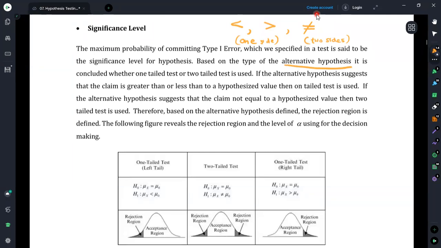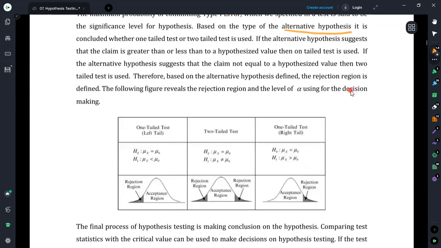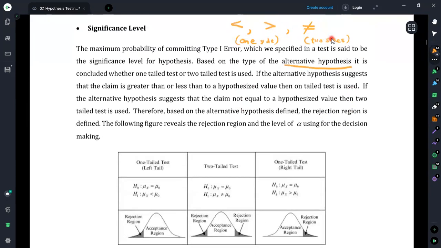Therefore, according to the sign that we can see in the alternative hypothesis, we are performing a one-sided test or a two-sided test. And according to these one-sided and two-sided tests, we now have to combine them with the maximum probability of committing type 1 error, which we are calling the significance level.